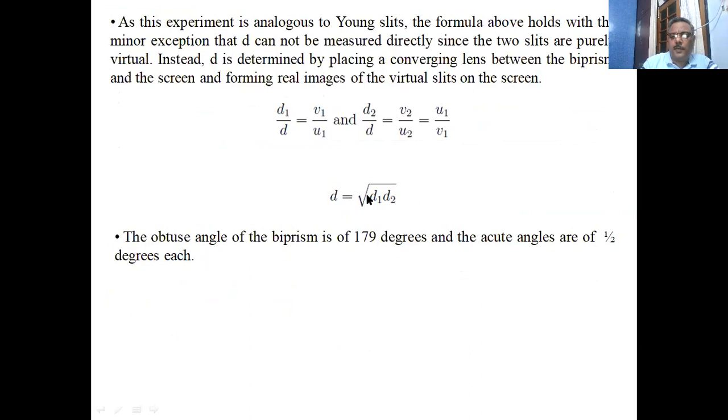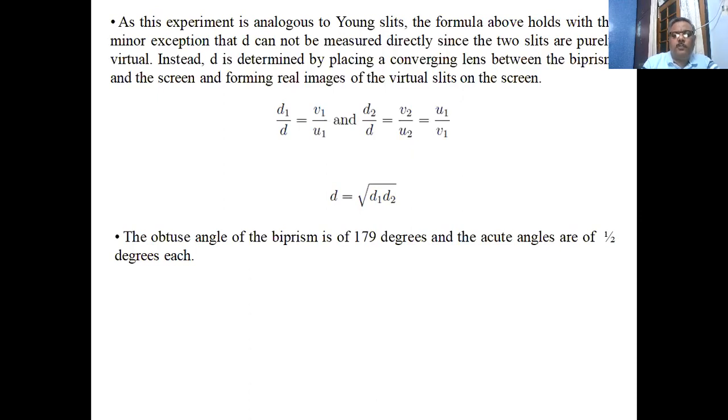As this experiment is analogous to the Young's double slit experiment, all the formulas that were valid in the Young double slit experiment are also valid in this case, with a minor exception: here the distance between the virtual sources cannot be measured directly because we are not creating them, they are created automatically.